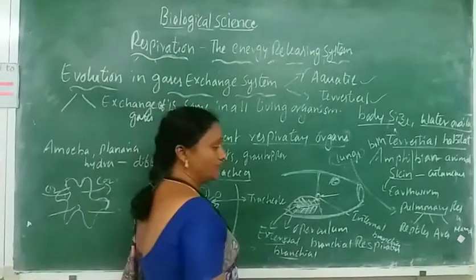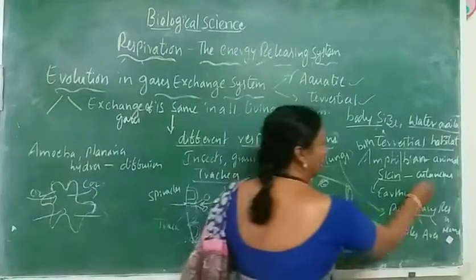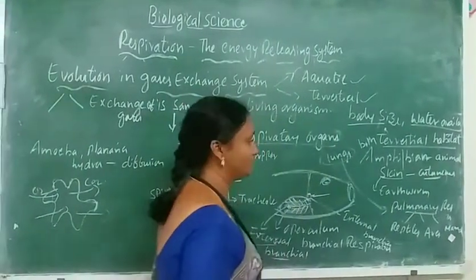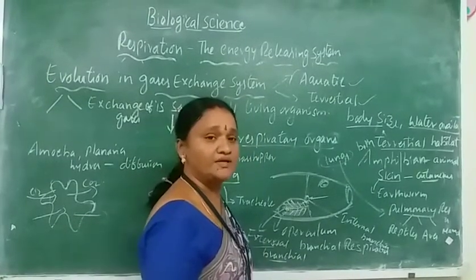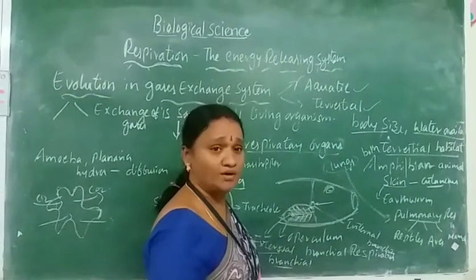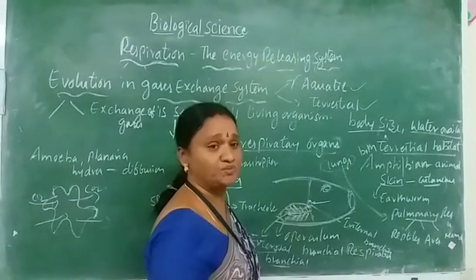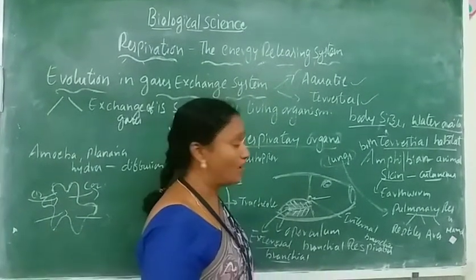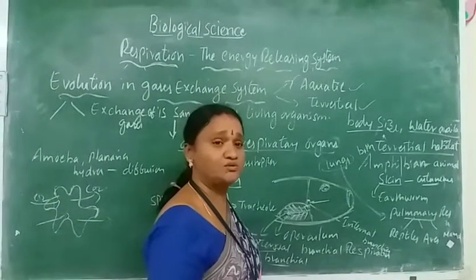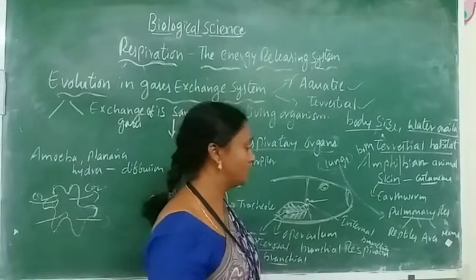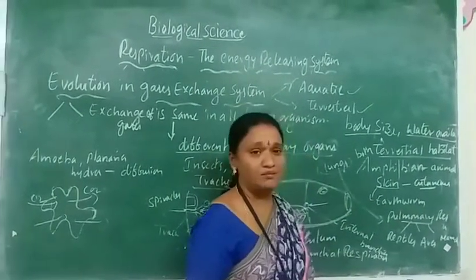In the earthworm, respiration occurs through the skin, which we call cutaneous respiration. In the frog, we observe two organs: in water, it respires through the skin, and on land, it respires with the help of lungs. In higher groups of animals, we observe pulmonary respiration. Respiration through the lungs is called pulmonary respiration. So in reptiles, aves and mammals, we observe pulmonary respiration.